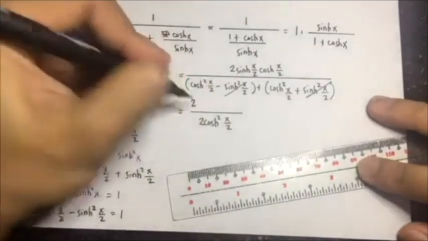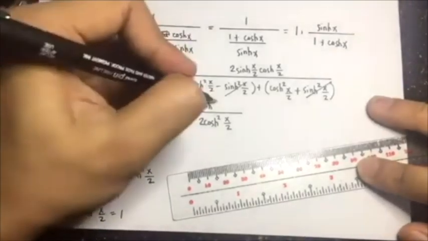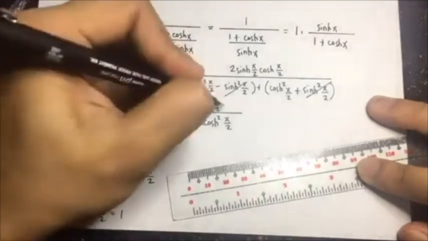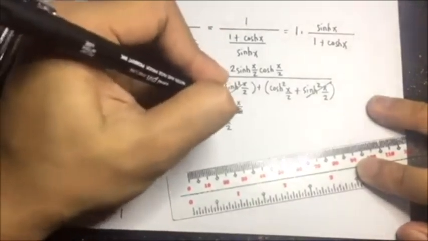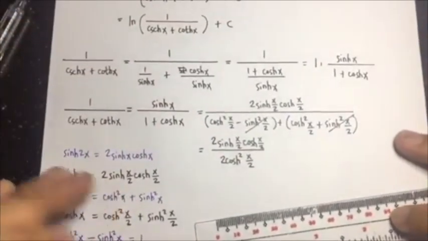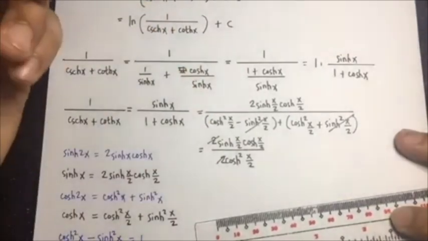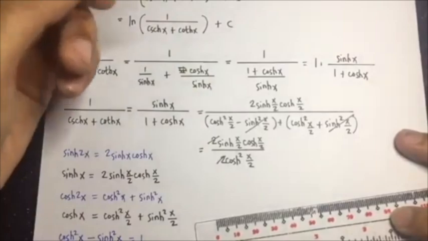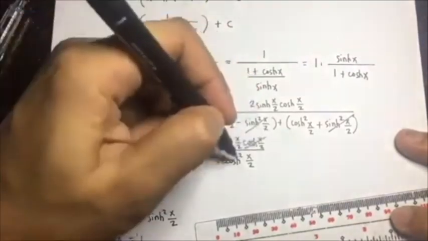In the numerator, we will have 2 hyperbolic sine of x over 2 hyperbolic cosine of x over 2. Okay, as we can see, we have common terms, cancel the 2 and cancel 1 hyperbolic cosine.